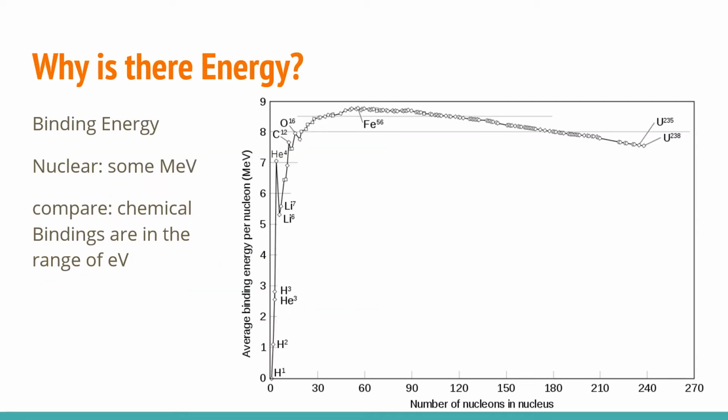Now, why is it possible that some elements have additional energy if we do this fission process? It should be mentioned that every atom that we find in our universe has to be generated in some place. Actually, at the Big Bang, hydrogen was produced and helium was produced, and a little bit, by the way, of lithium.